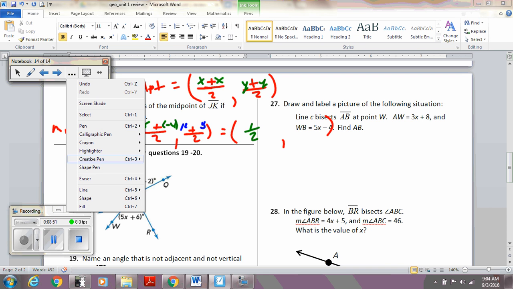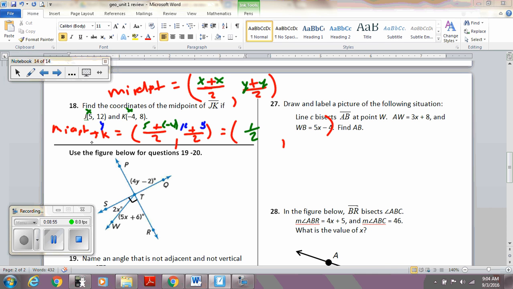My pen got in the way of the actual problem. I'm sorry, it's 12 plus 8. Good thing I checked. It's 20 over 2. So you could leave it as 1/2, and then 20 divided by 2 is 10. So the midpoint is 1/2, 10.